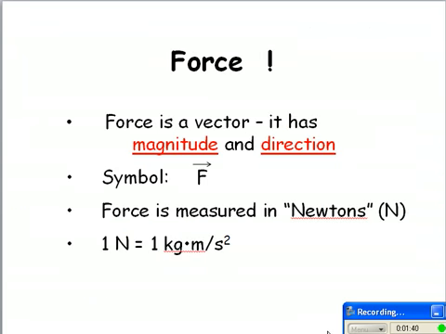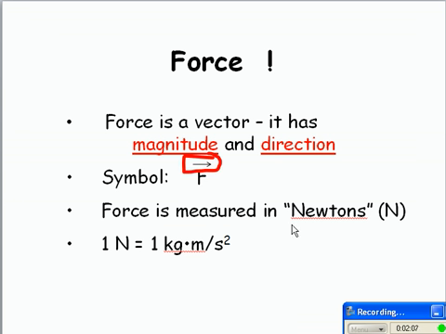When we are talking about the push or the pull, that is a force, we're talking about a vector. It has magnitude and it has direction. And the symbol for it will be a capital F, and now you can see here's F, and there is the little vector symbol over the top of it.